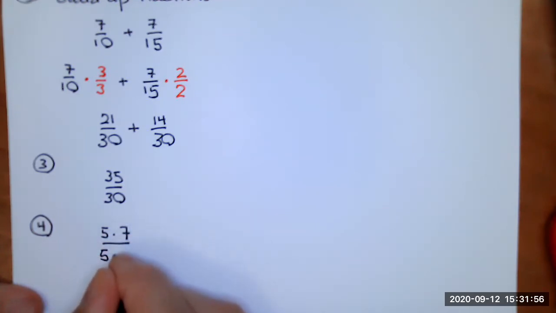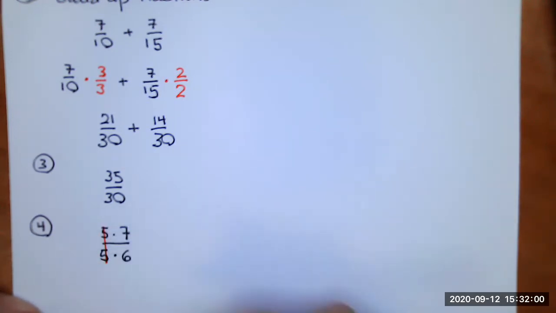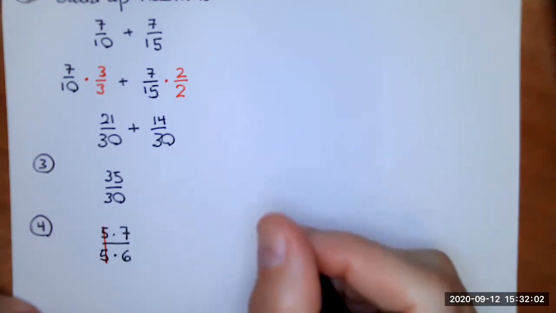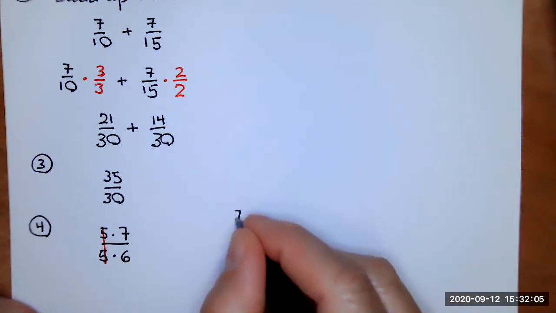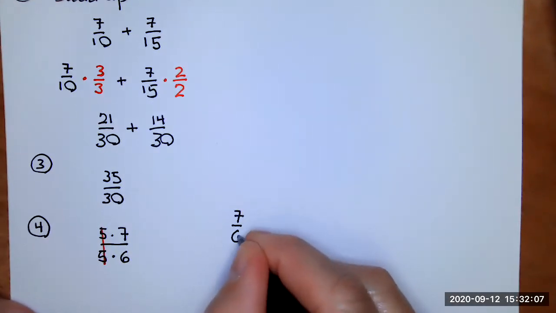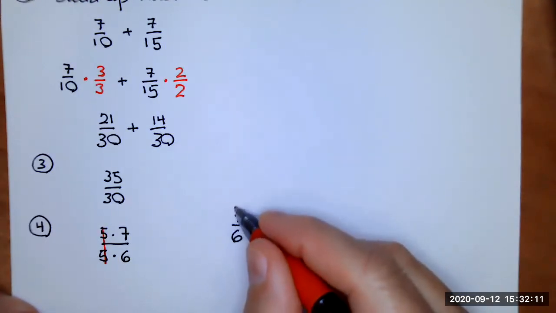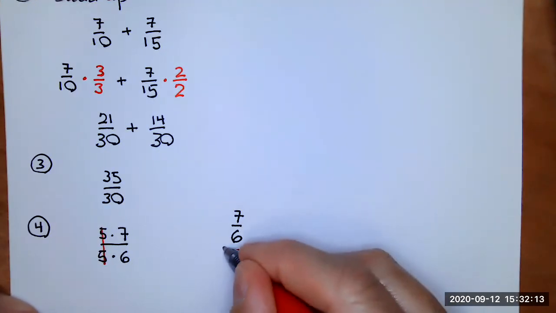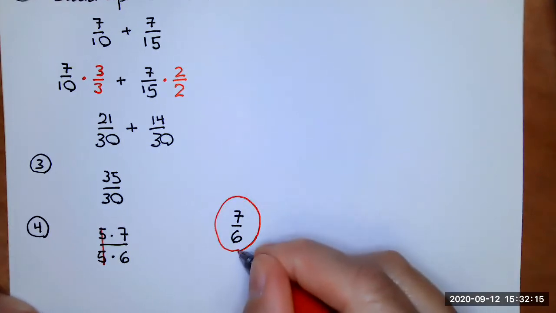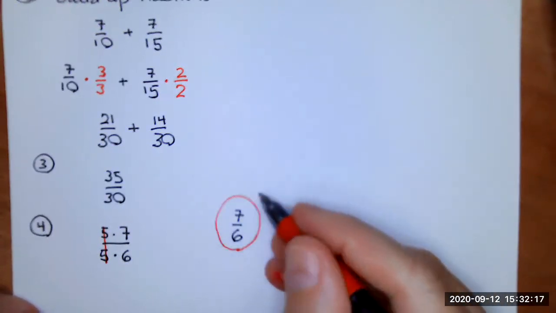This is 5 times 6. 5 over 5 equals 1. And your answer is 7 over 6. And you might be freaking out because the numerator is bigger. We'll talk about that in the next section. But for now, you can just leave it like that.